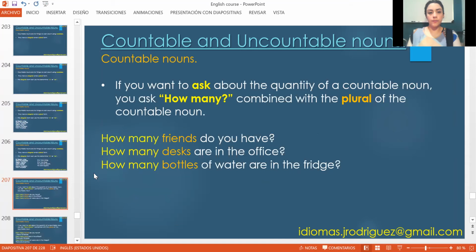Okay, next. So, if you want to ask about a quantity of a countable noun, you ask how many, combined with the plural of the countable noun. Si queremos preguntar sobre la cantidad de cosas de un sustantivo contable, utilizamos las palabras how many, combinado con el plural del sustantivo contable. Por ejemplo, how many, ¿cuántos amigos tienes?